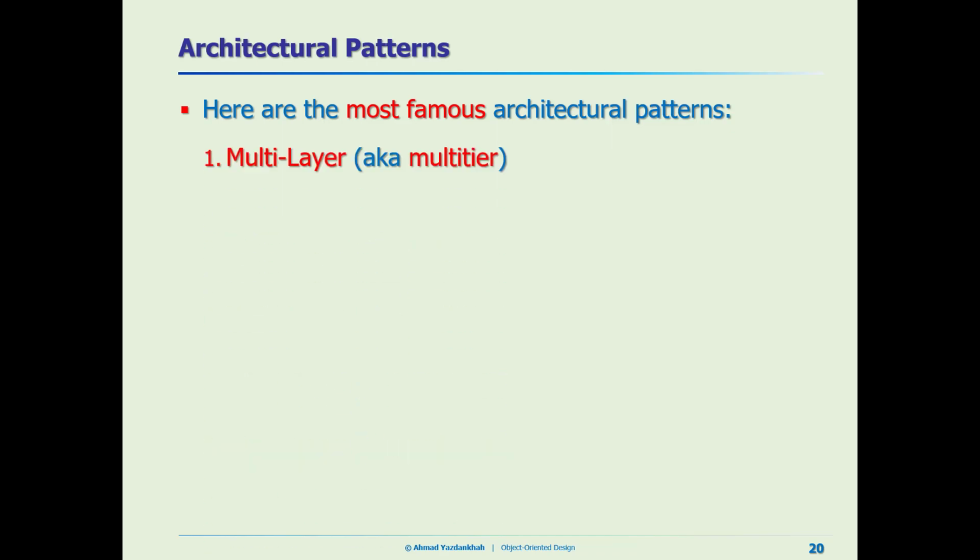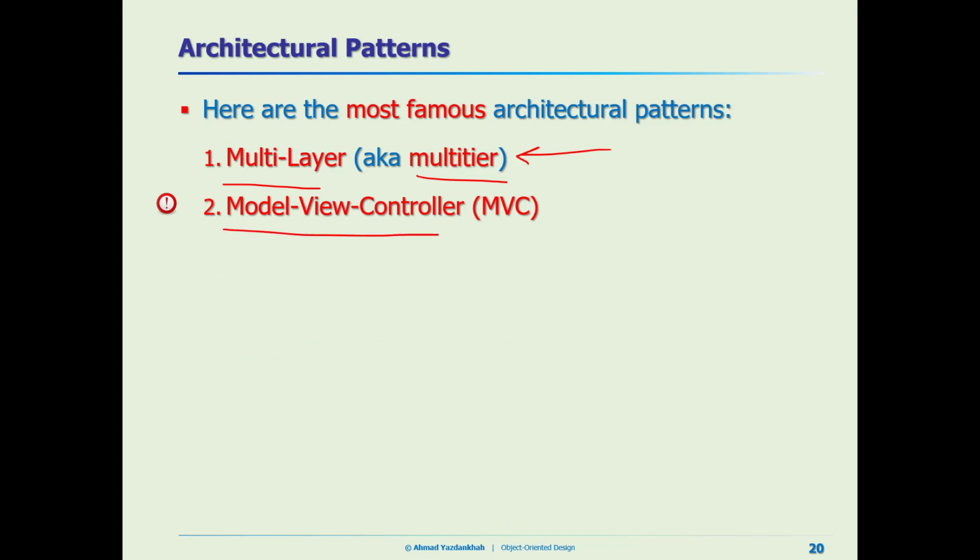The first one, and probably the most famous one, actually not the most, let's say it's a classical architectural pattern, is called multi-layer or multi-tier. The second one is really the most famous one, model view controller or MVC.